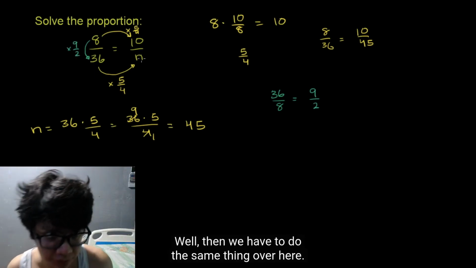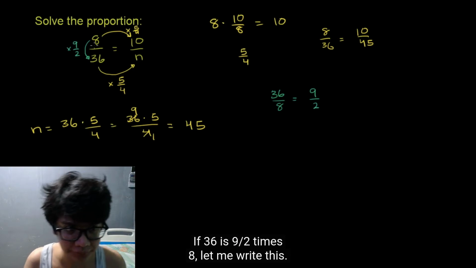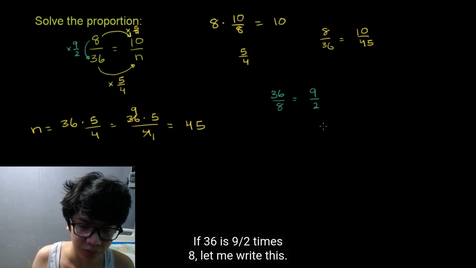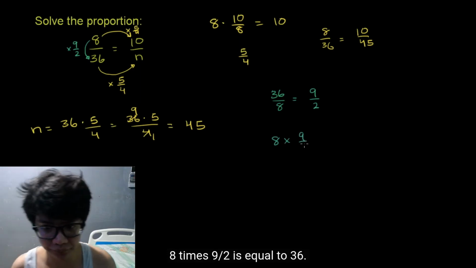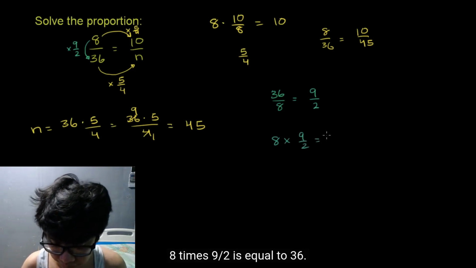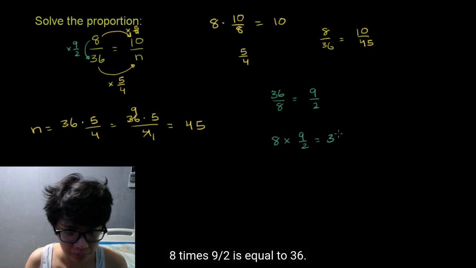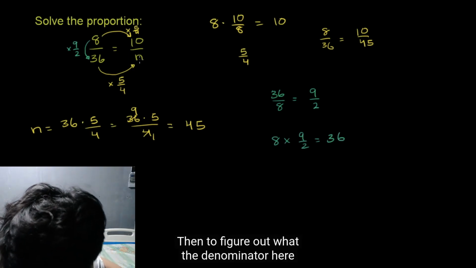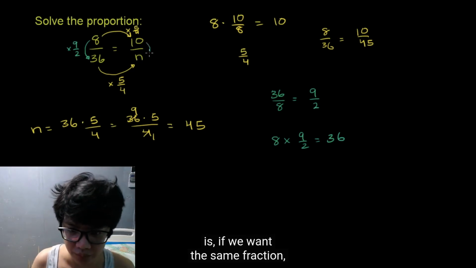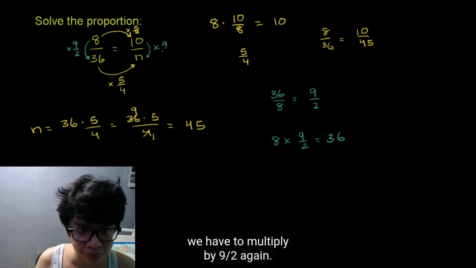Well, then we have to do the same thing over here. Let me write 8 times 9 halves is equal to 36, right? That's how we go from the numerator to the denominator. Then to figure out what the denominator here is, if we want the same fraction, we have to multiply by 9 halves again.